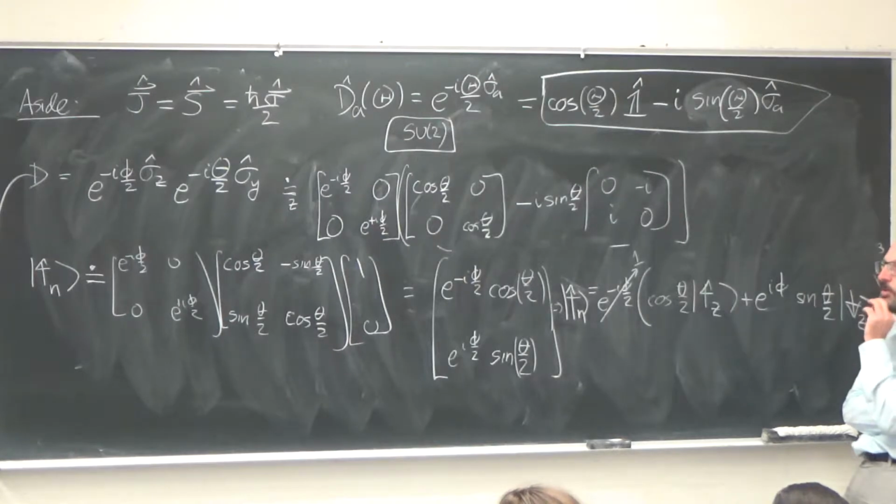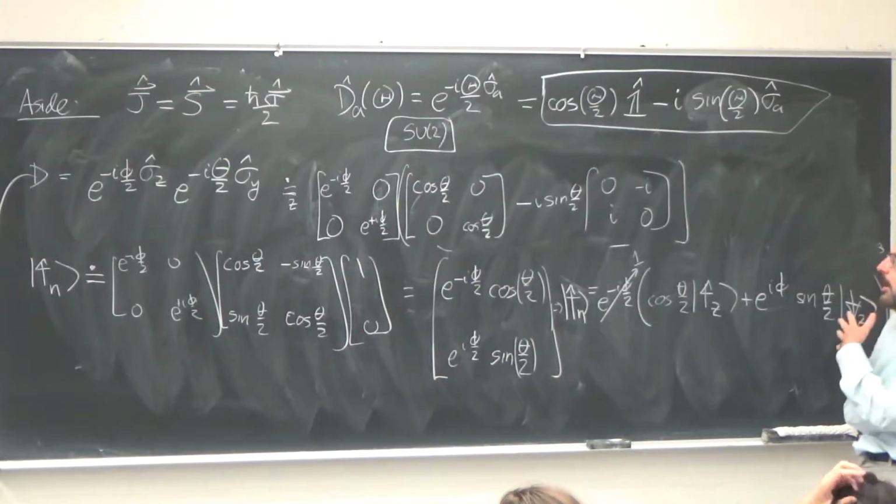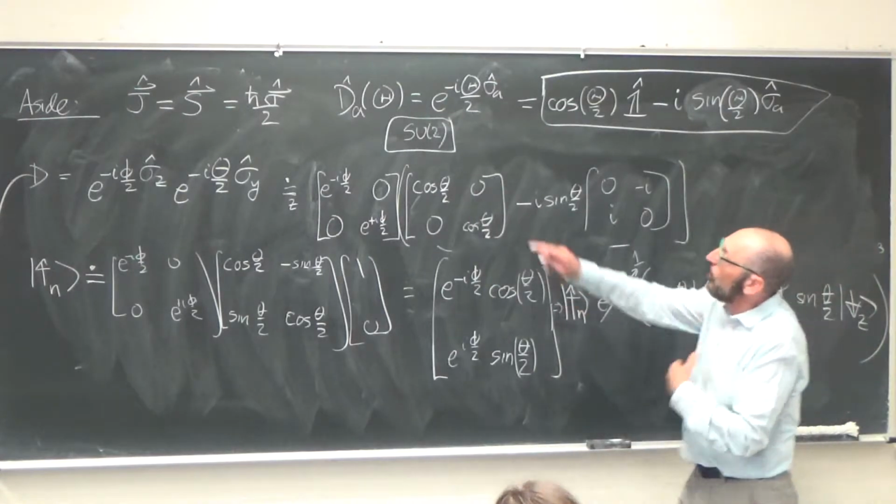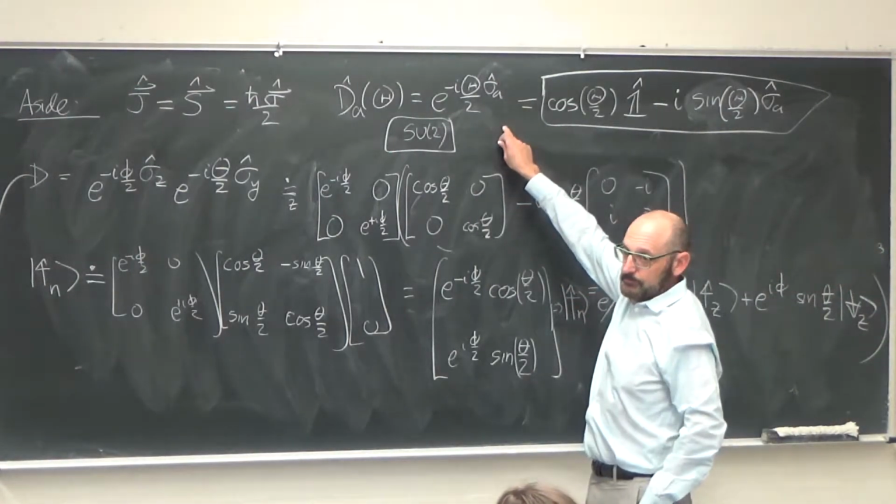one. Well, there are two different issues of the overall phase. There's the overall phase of the state and the overall phase in the definition of the unitaries, okay? So any matrix of this form is SU2.